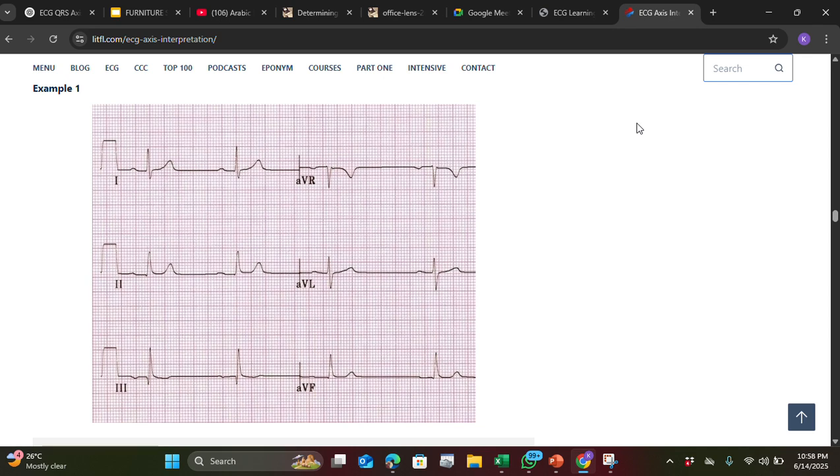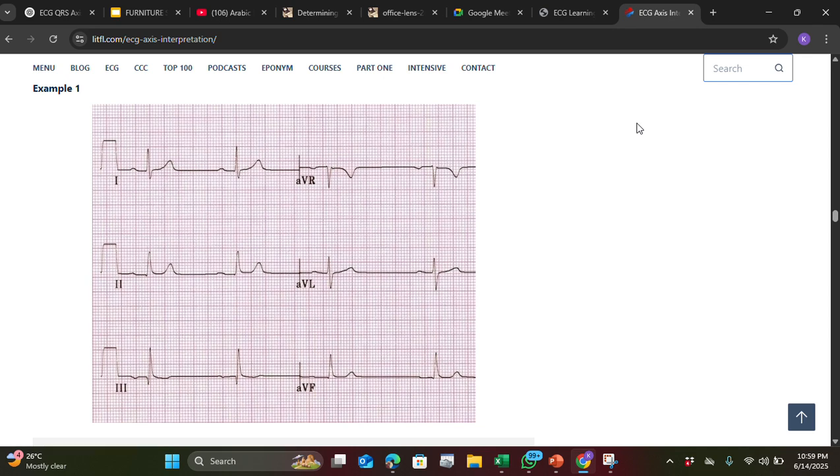You already know what I mean. Let's say your lead 2 is your isoelectric lead, and lead 2 is minus 30 degrees. Let me write it here.